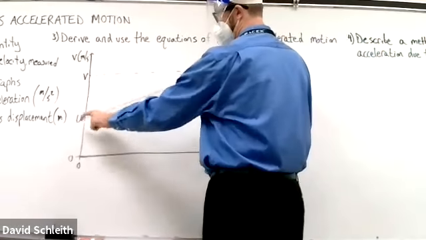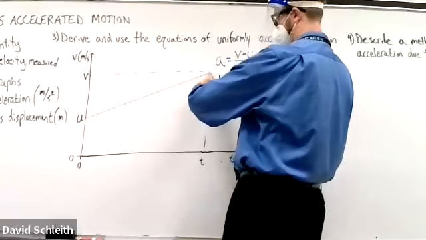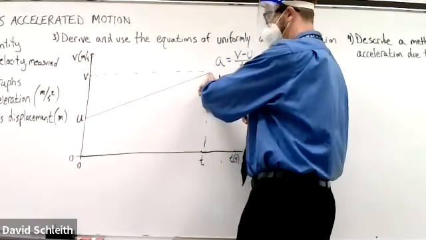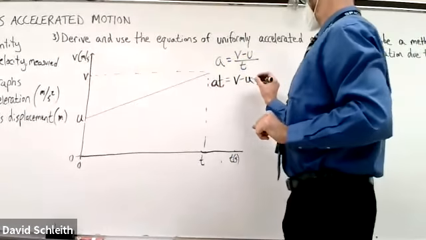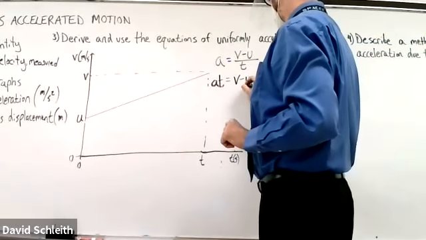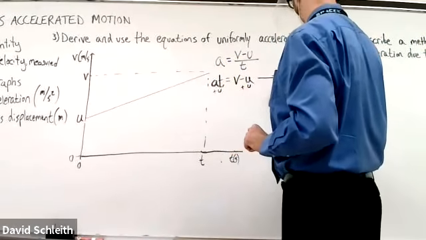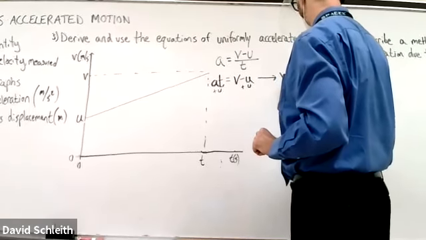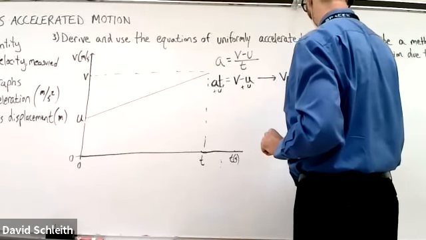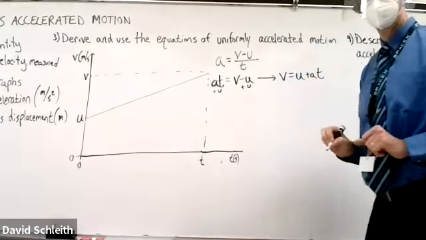And remember, v minus u is this space here, right? So v minus u is equal to at. And then add u to both sides, and you would get equation 1: v, final velocity, equals initial velocity plus the acceleration times the time.